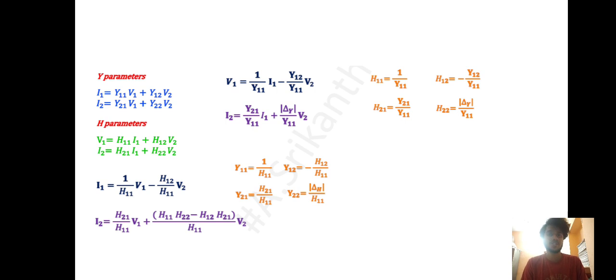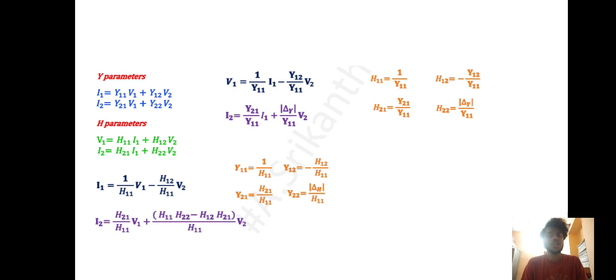H parameters: V1 equals H11 of I1 plus H12 of V2. I2 equals H21 of I1 plus H22 of V2. I1 equals 1 by H11 of V1 minus H12 by H11 of V2.